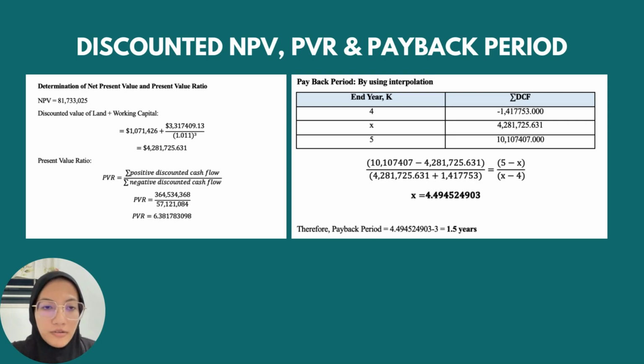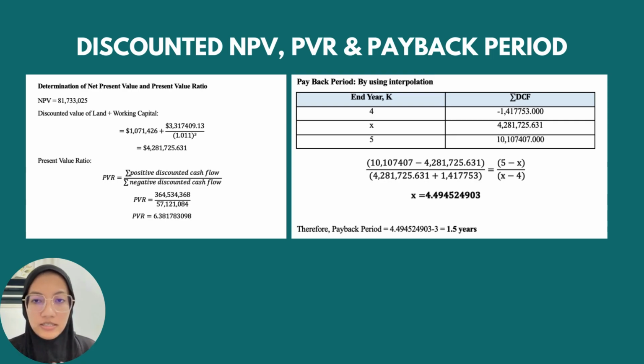After that, for the cumulative discounted cash flow, we sum up all the discounted values, and we get $81,733,025. Based on the previous slide, we can see that the graph for discounted cash flow is increasing.